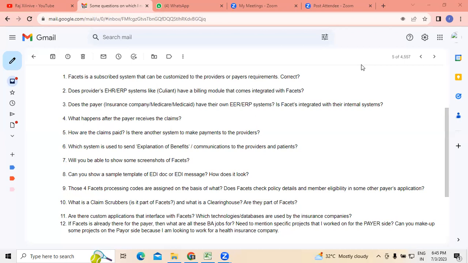Now, what do healthcare organizations do? Providers provide treatment for a particular person. Against the treatment they have given, billing happens and there is a cost. This cost may include the procedure, the diagnosis, the treatment, whatever it is.